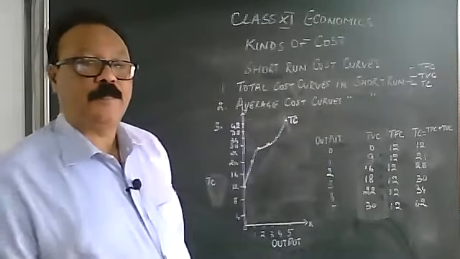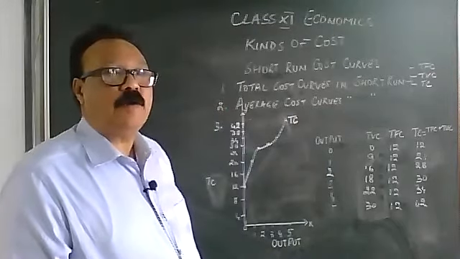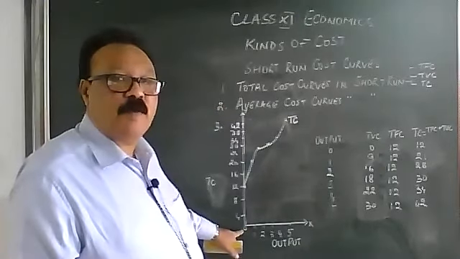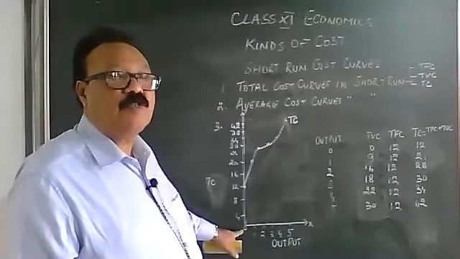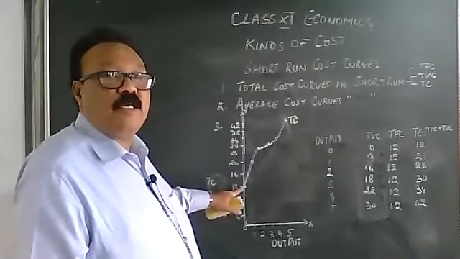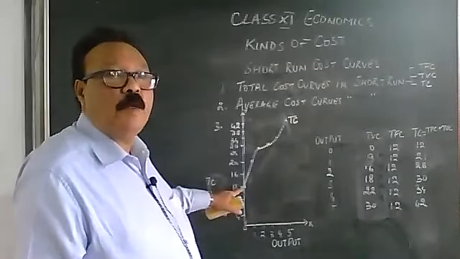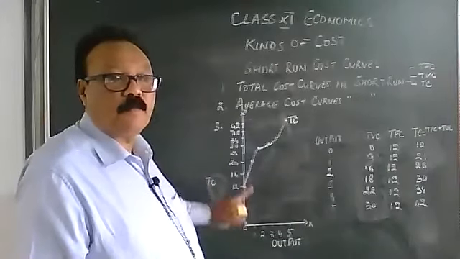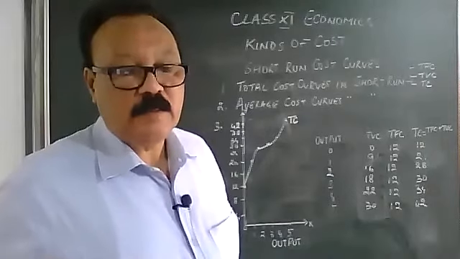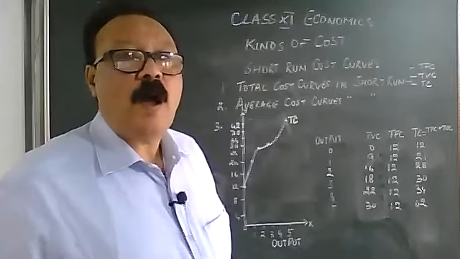What do you see? TC begins from above the origin. TVC begins from the origin, but TC begins from above the origin. Why? Because TC is the sum of TFC plus TVC.